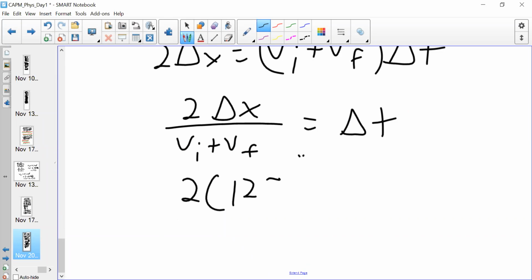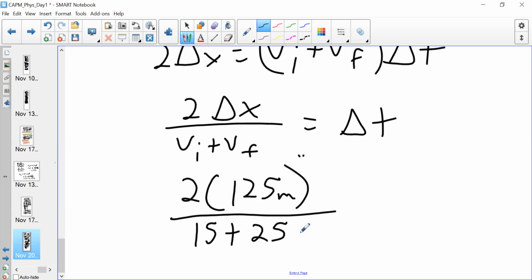2 times 125 meters, over 15 plus 25 meters per second. So that's going to be 250 divided by 40.